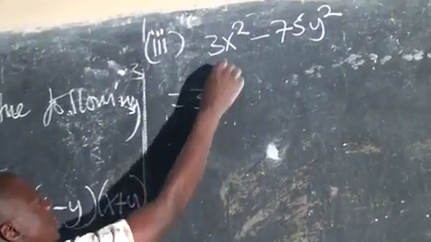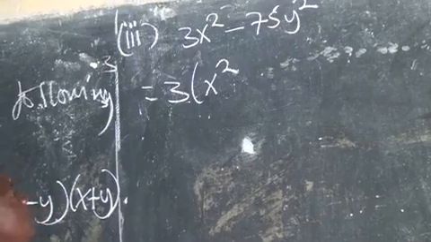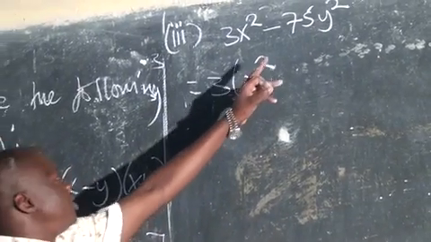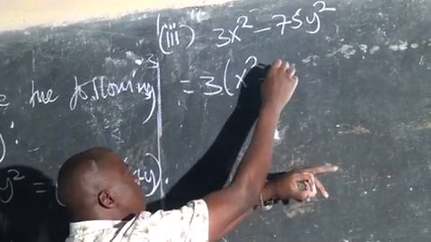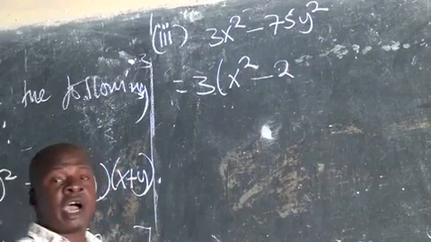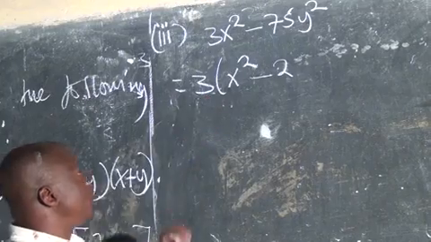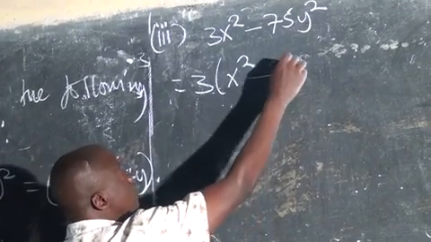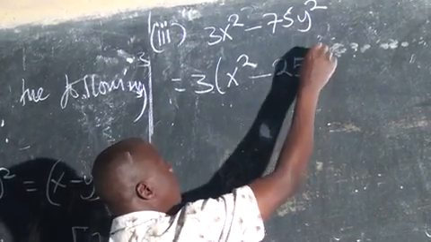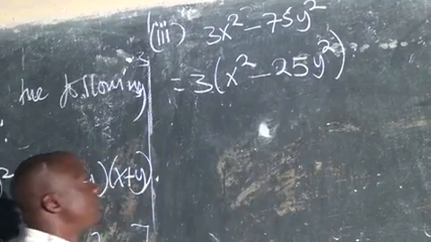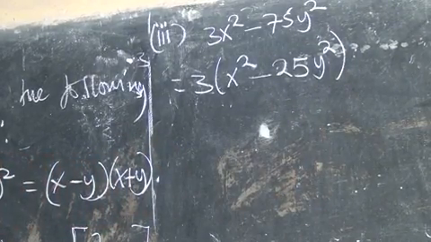So you have 3 into x squared, and 75 divided by 3 is 25, so 25y squared. But we cannot say that that is the answer.